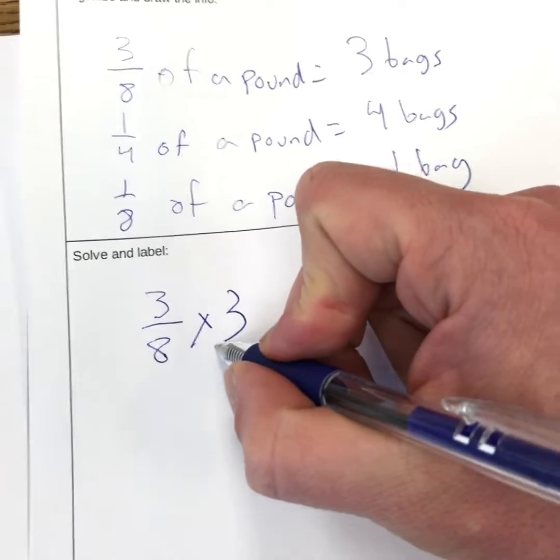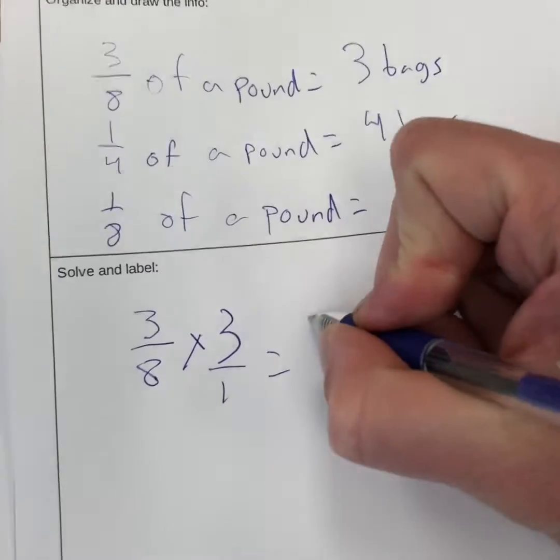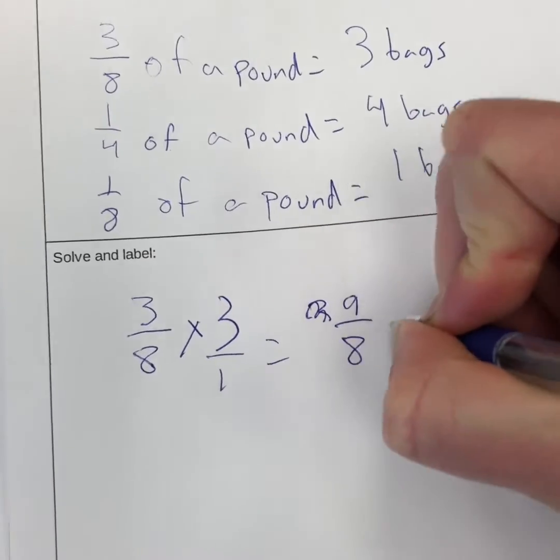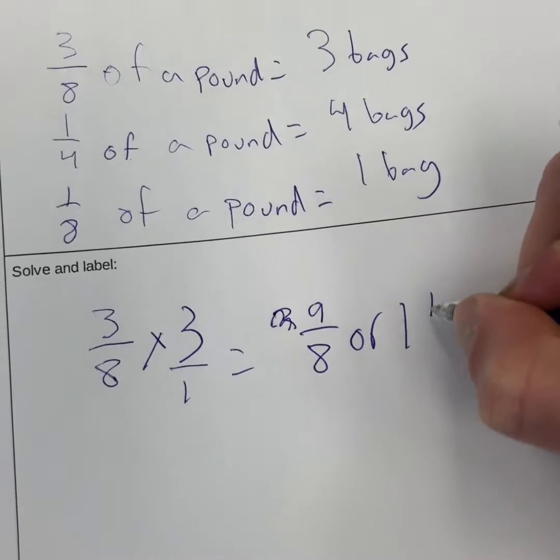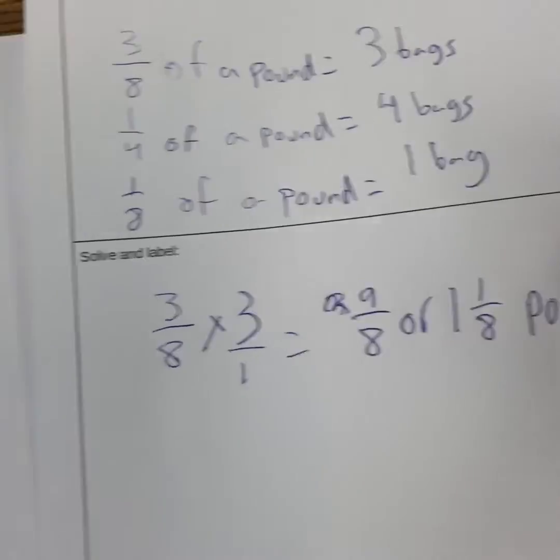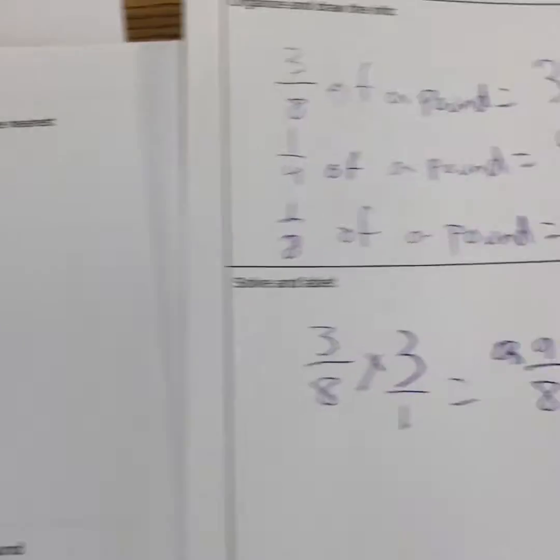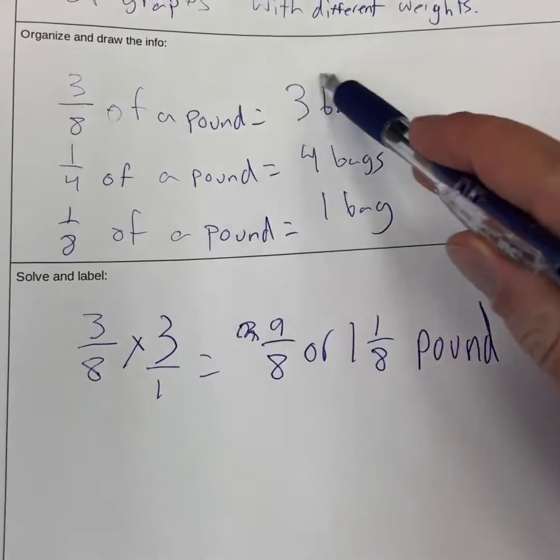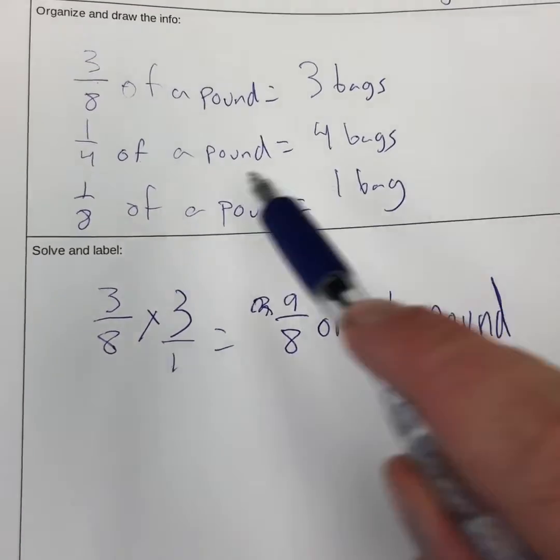Right? I can get 3 over 1, which will be 9/8. Or 1 1/8 pound, because I'm just adding the total weight.